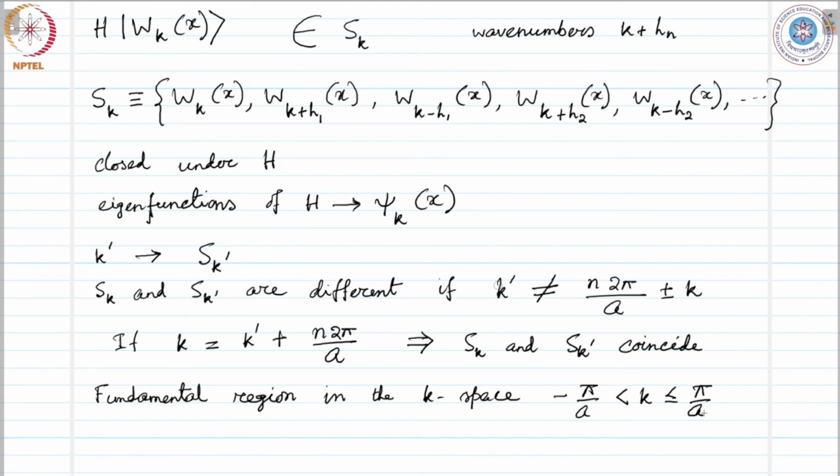If you go beyond this, you will just repeat the properties found in this region. You won't get anything new outside this region. And this region includes all the different k values giving independent Sk subspaces. This fundamental region is of length twice pi over a, and this is called the first Brillouin zone or the Brillouin zone.